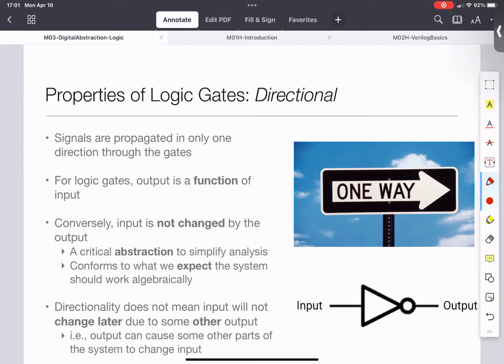Usually our computers sit in some sort of societal loop of some form, right? So inputs do change as a consequence of output. If I get an email, I act upon it, and then the input will possibly change. So I'm not referring to that. All I'm saying is, if you look at a logic gate in isolation, then input affects the output, but there is no way things flow backwards through that logic gate.